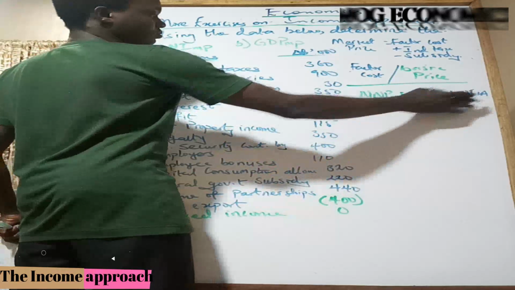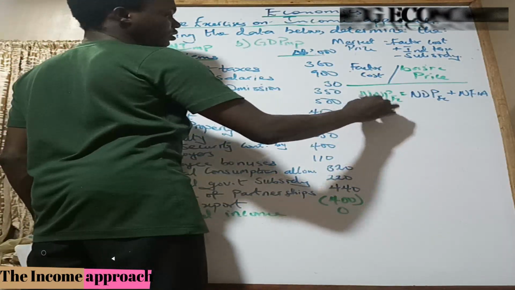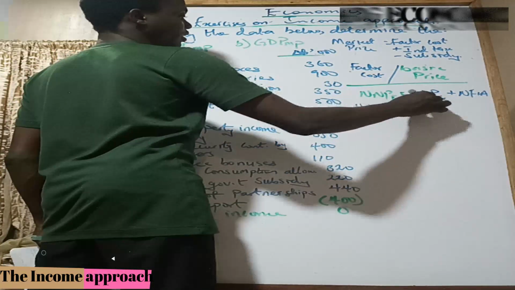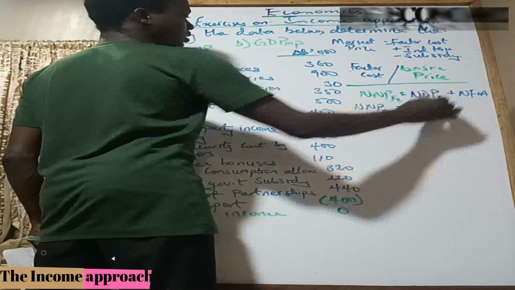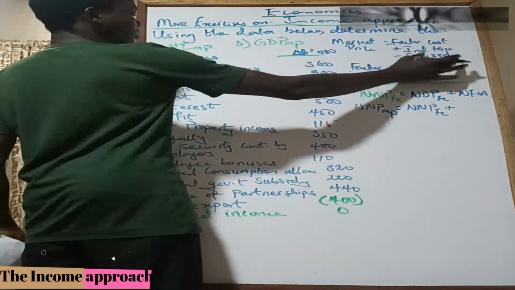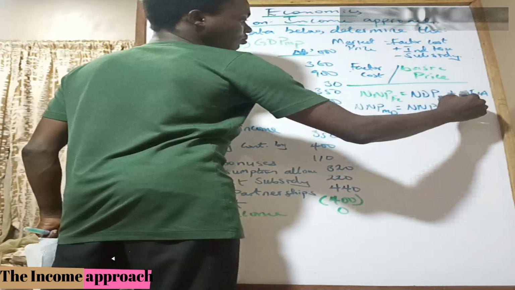Now to convert NNP at factor cost to market price, NNP at market price is going to be NNP at factor cost plus net indirect taxes, which is the same as indirect tax minus subsidy.